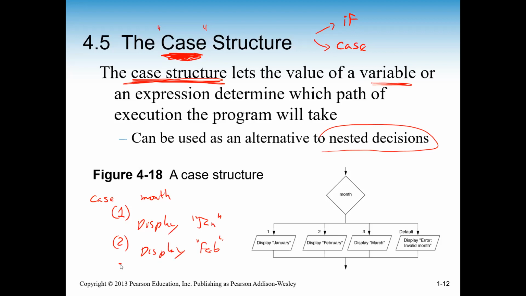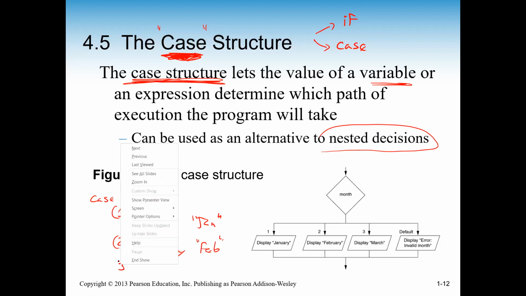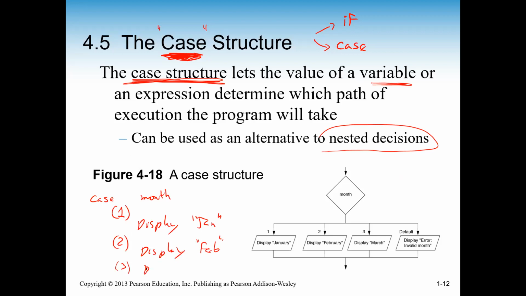If it's 3, display March, and so on. So you can see it's just a structure that allows you to have the case, the variable in question, and then the individual values that you're comparing to. Whichever one of those matches, you follow that path.